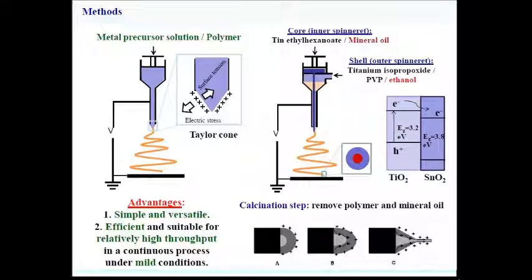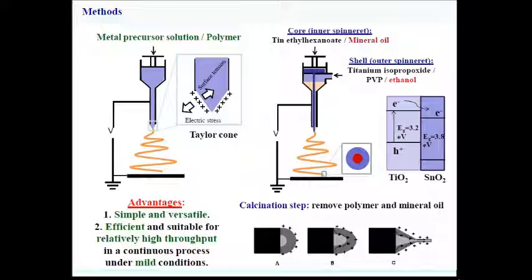The other cool advantage of this process is that we can mix and match different energy levels of the core and shell material. In this case, with our tin oxide and TiO2, we can mix and match the valence and conduction band alignments so that we can create novel types of architectures, as I mentioned earlier.